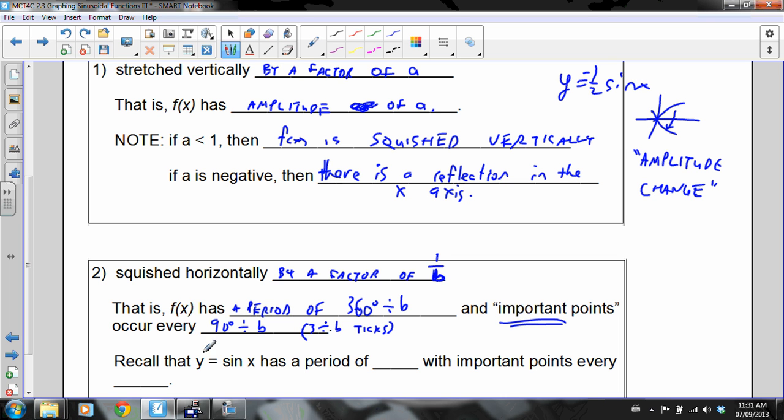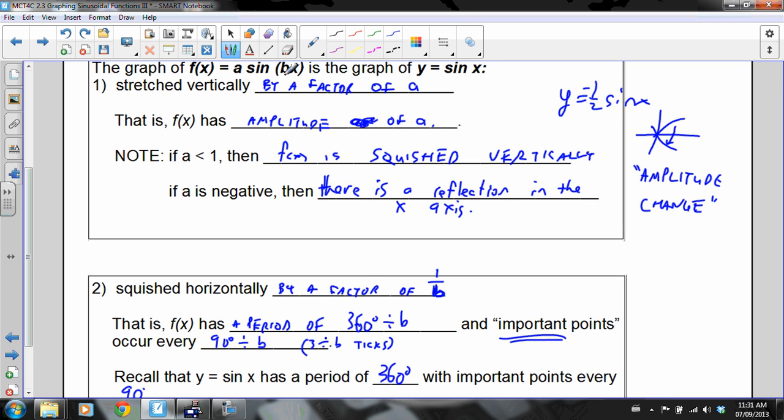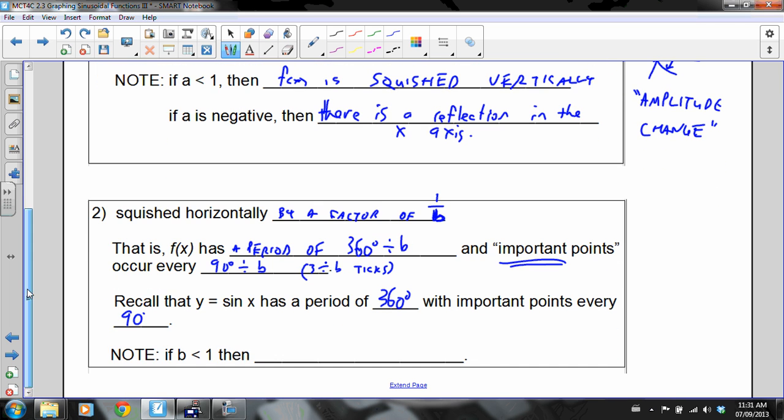Recall that the normal sine graph has a period of 360 and important points every 90. So when we throw a b in with the x, then that changes the period and the number of important points. Notice if b is less than 1, like it was in that last one, like in y equals cos of a half x, then we get a horizontal stretch.